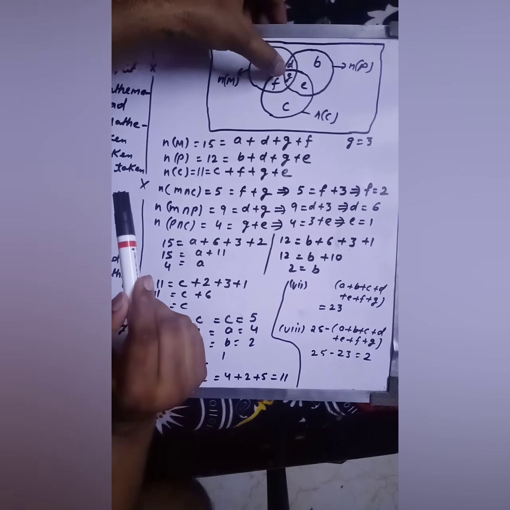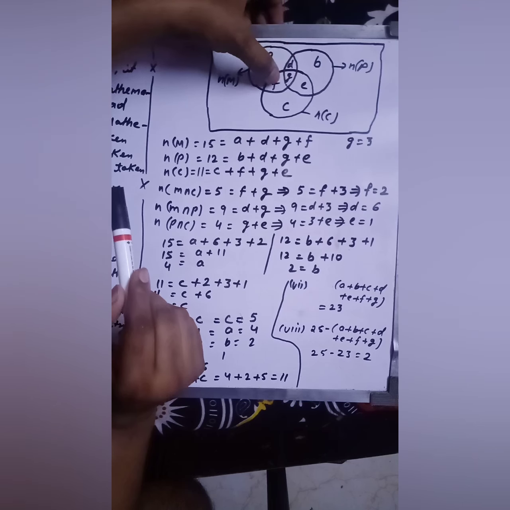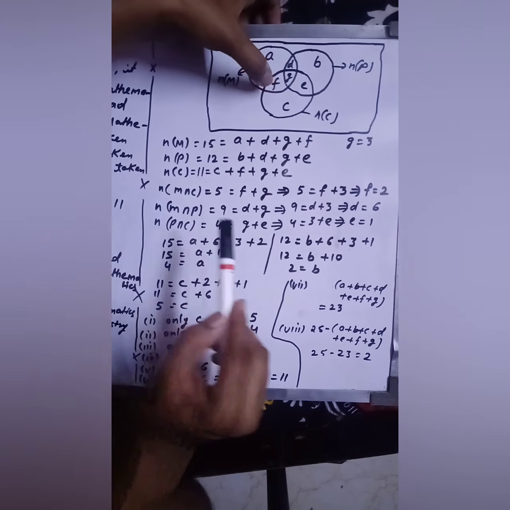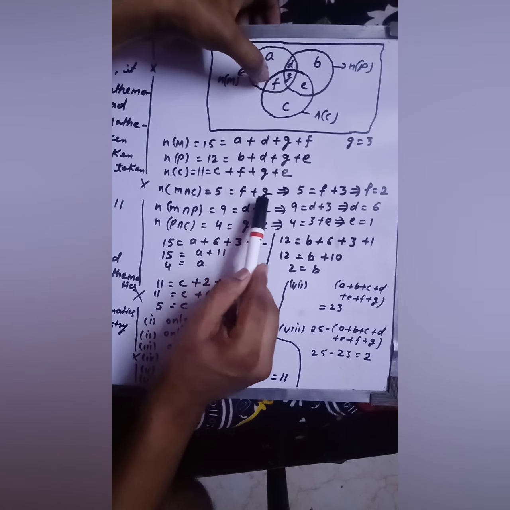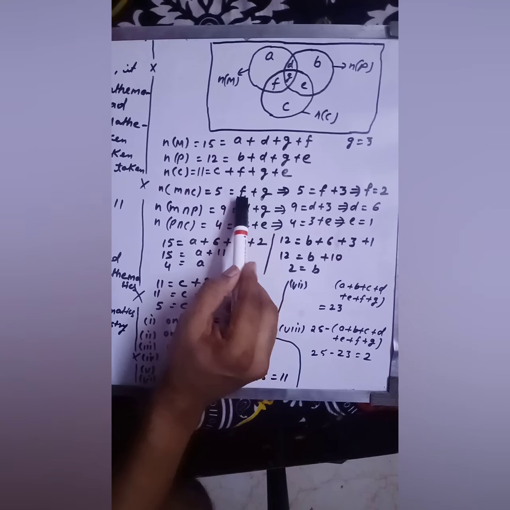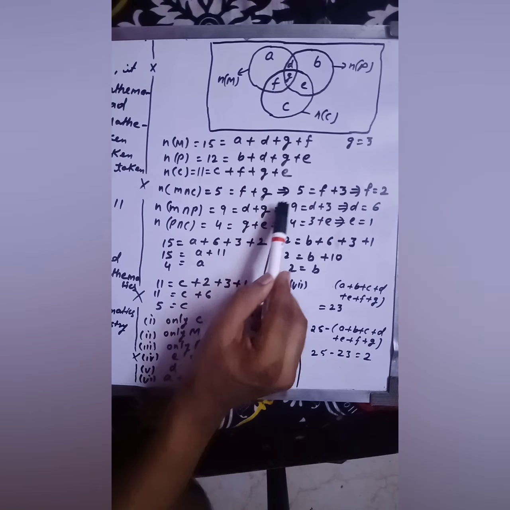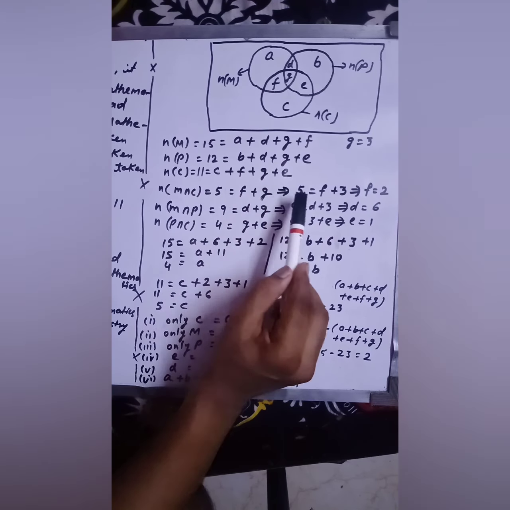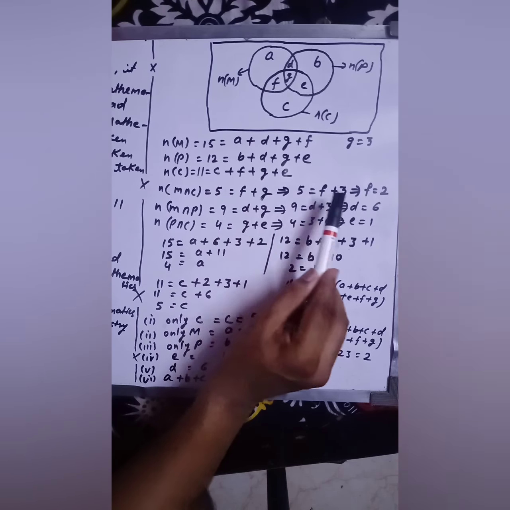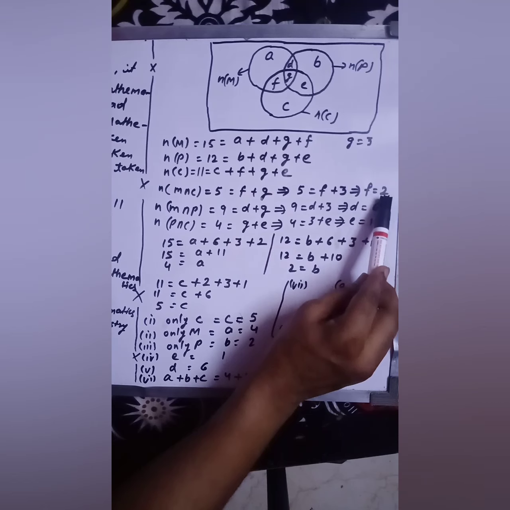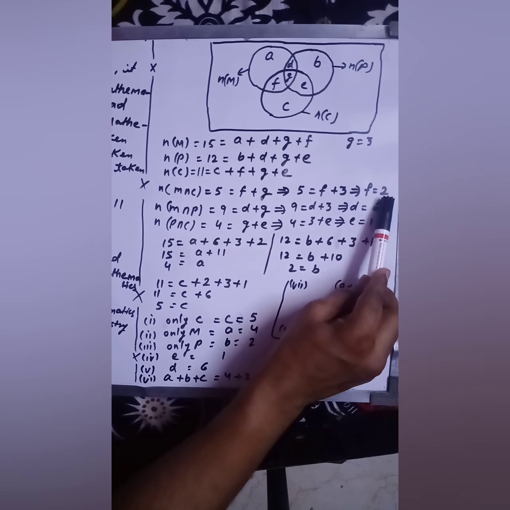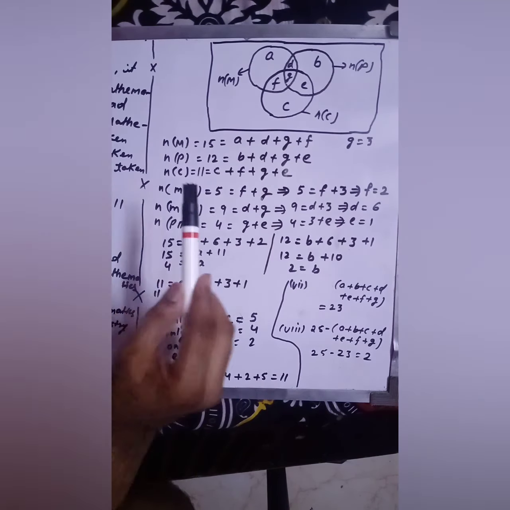So this G and this F both are common in maths and chemistry. So M intersection C would be F plus G. Got it? So as you know the value of G is 3, this will give you 5 is equal to F plus 3. So when you solve, you will get F equals 2. Got it?